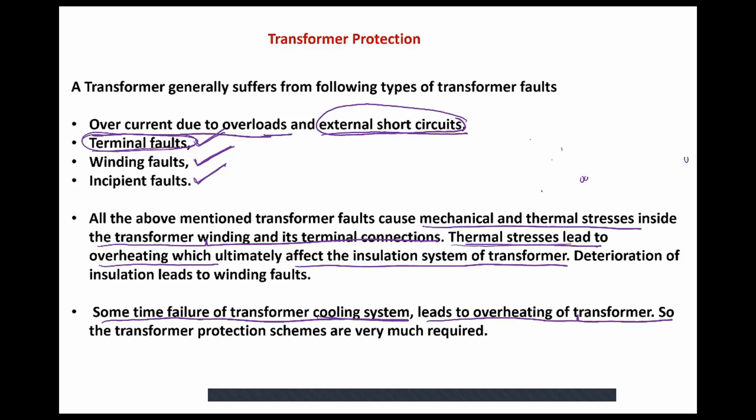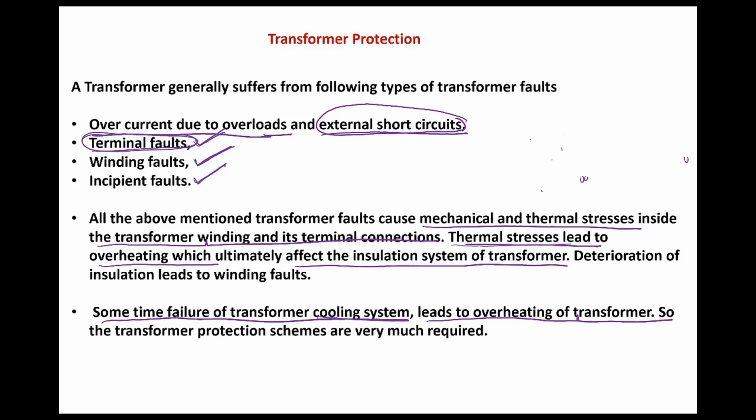But when you go for high rating transformers, there are different mechanisms to keep the transformer cool. So if the cooling mechanism, that is water circulation, SF6 circulation, or oil circulation, something is being circulated to dissipate the heat of the transformer. Suppose that cooling mechanism fails, then the transformer gets overheated, which will also lead to insulation failure. Okay.